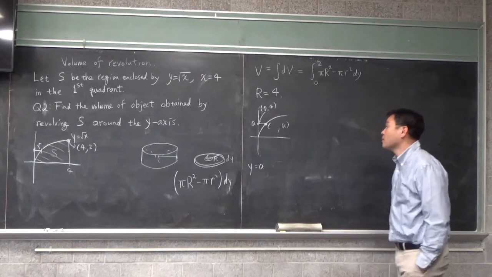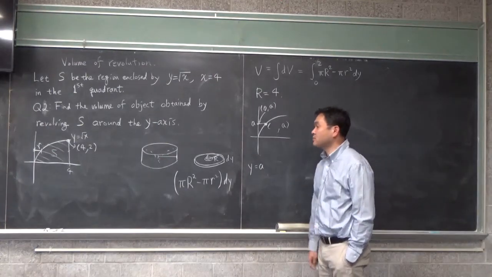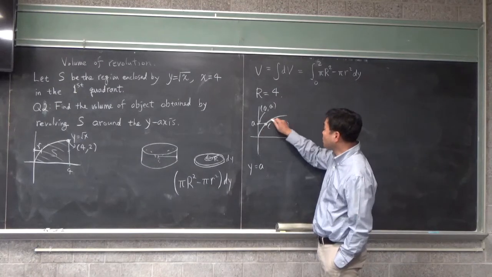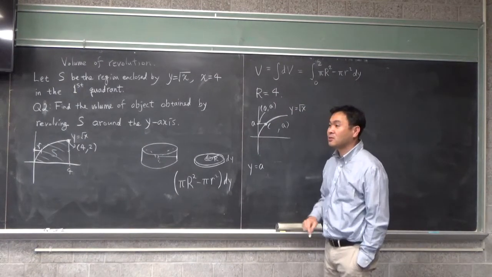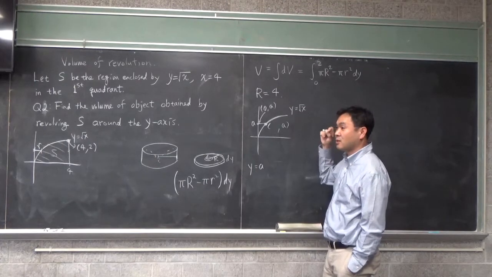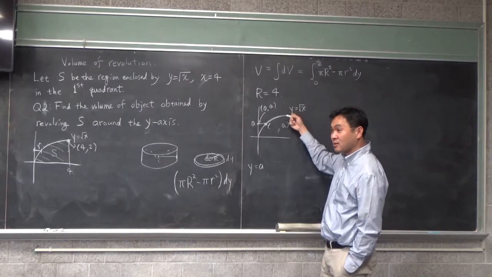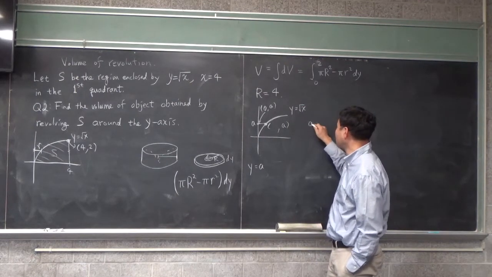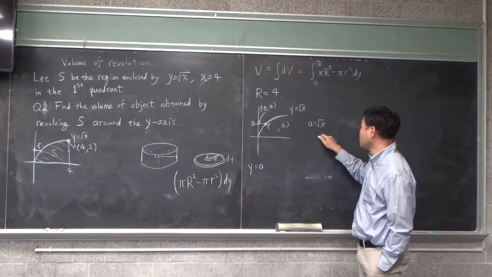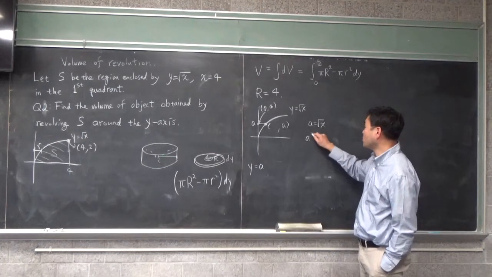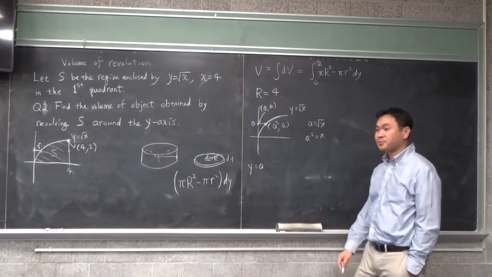I know this graph is y equals the square root of x. So plug a into y, square both sides, and you get x equals a squared. So this is the point (a squared, a).